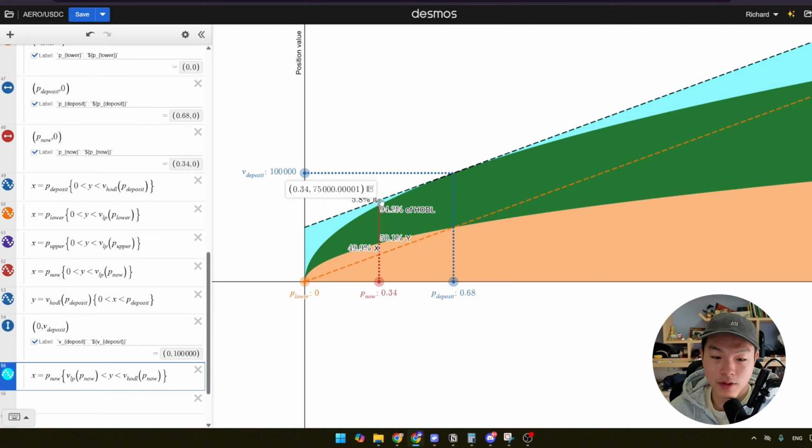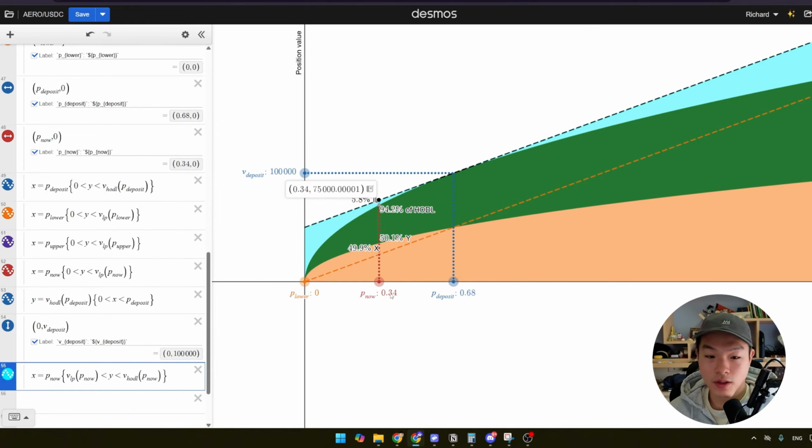But if you held the asset separately, you would have 75K, because if you bought 50K worth of Aero at the beginning and the price goes down, your Aero holding would drop to 25K, right? And then your USDC is still going to stay at 50K. So then you would have 75K worth of liquidity.